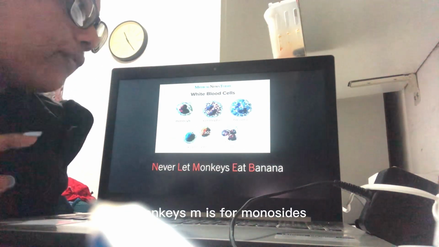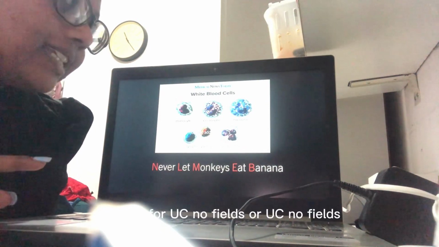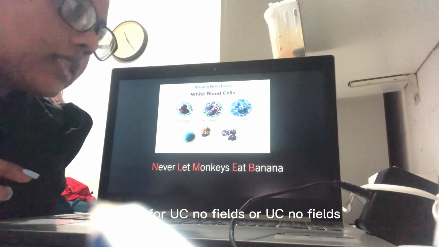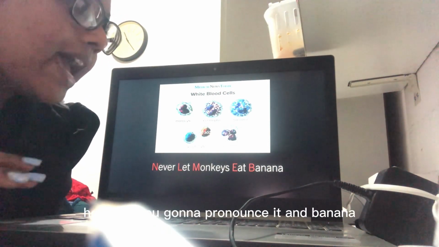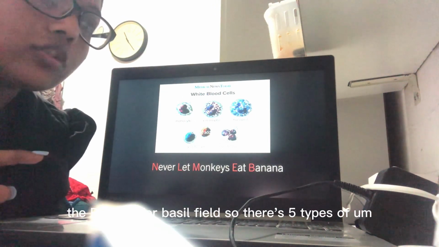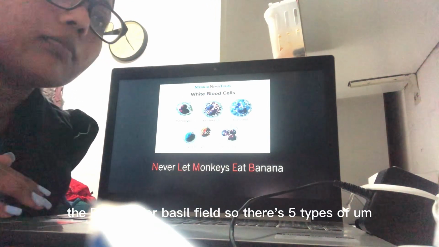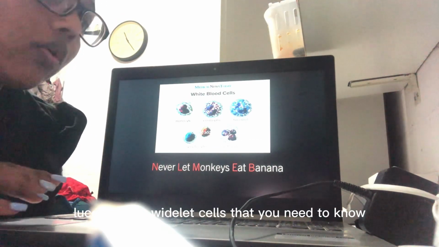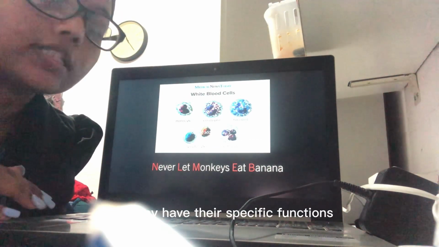Monkeys, M, is for monocytes. Eat, E, is for eosinophils, however you're going to pronounce it. And Bananas, the B, is for basophil. So there are 5 types of leukocytes or white blood cells that you need to know, and they have their specific functions.